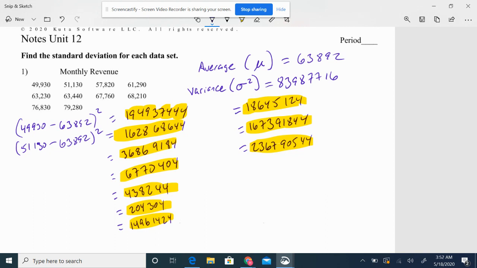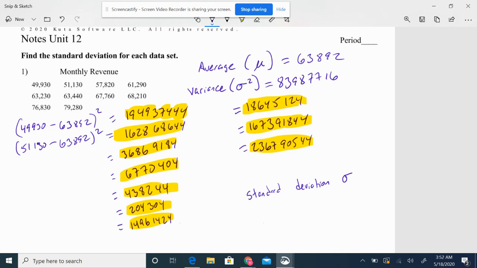We're almost there. Now that I have the variance, to find the standard deviation, I'm going to write it up here. Some people use this Greek letter. Notice how it looks very similar to the variance symbol, just that the variance is squared, while standard deviation is to the 1 power.